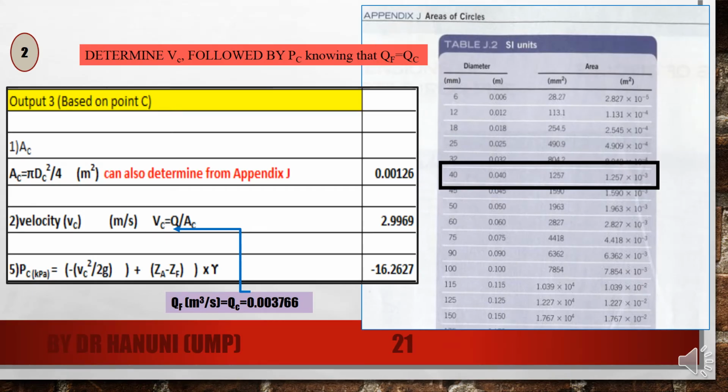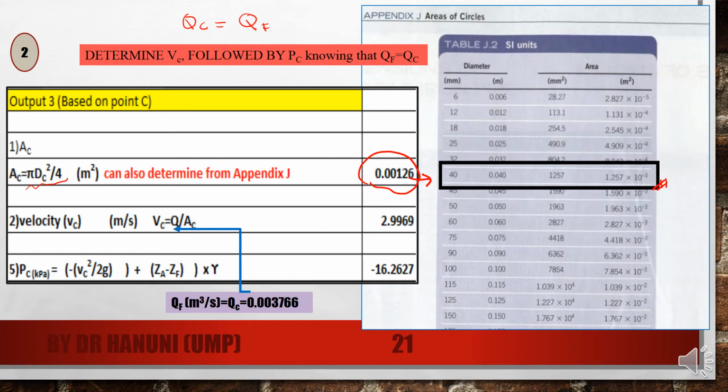And the same procedure as we did for QC, in which you also equate QC with QF because of the concept of continuity in a system. Again, you can determine the AC by using this formula, or you can just get the value of AC based on the given diameter information, so you can get the AC directly.